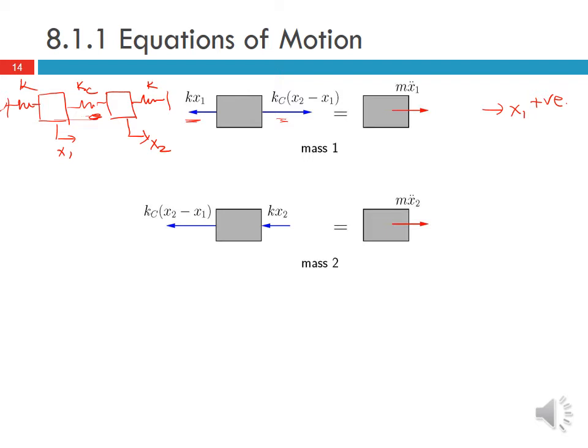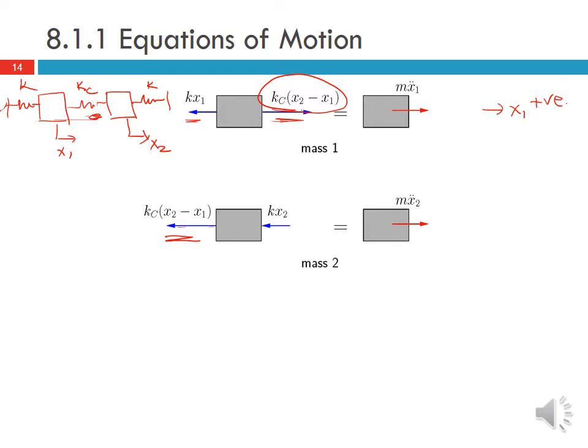Now, the important thing is when we go to draw the free body diagram of the second mass, that this force needs to be equal and opposite on the other free body diagram. So it's very important that we draw things displaced in the positive coordinate direction, and when we make this assumption, that we stick with it and draw this equal and opposite on the other mass that it's connected to.